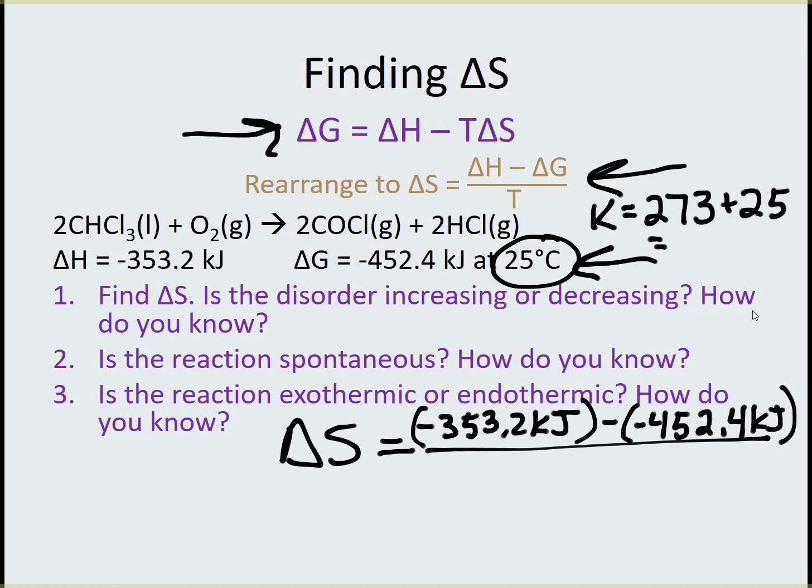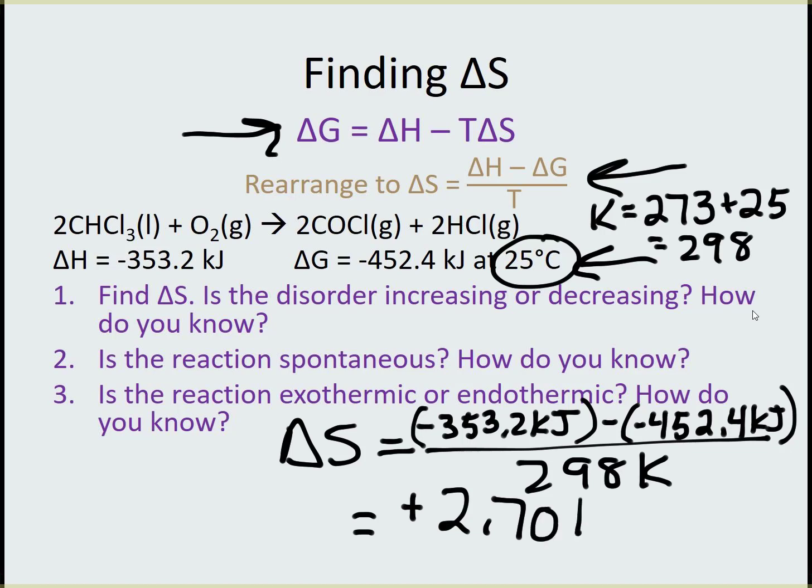So our Kelvin in this case is 298. This is our standard temperature that we're just using in here. And when we work this all out, we get a positive 2.70 kilojoules per Kelvin. And it's actually, there's a mole there too. So that is our entropy for our problem.